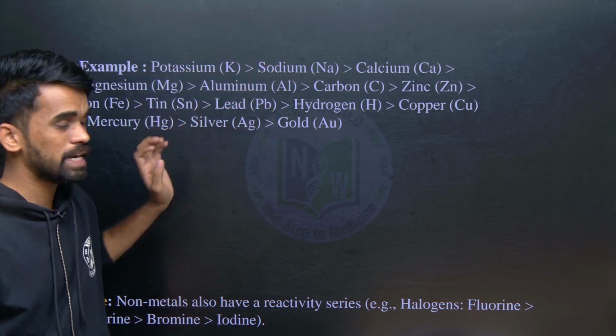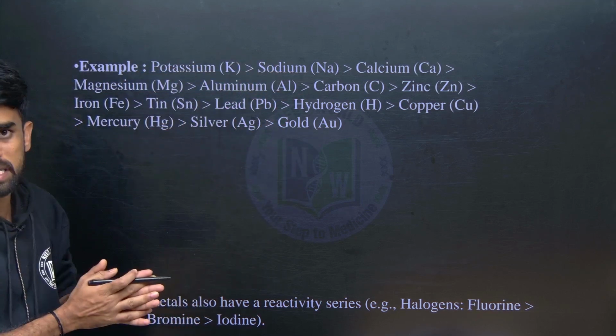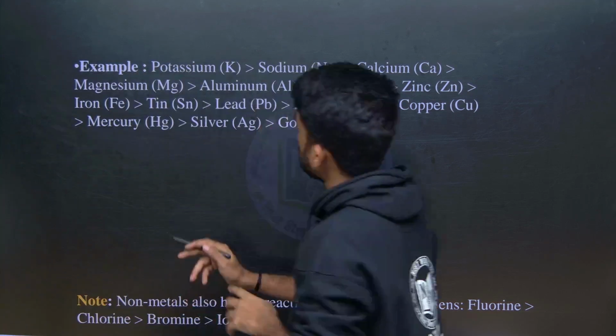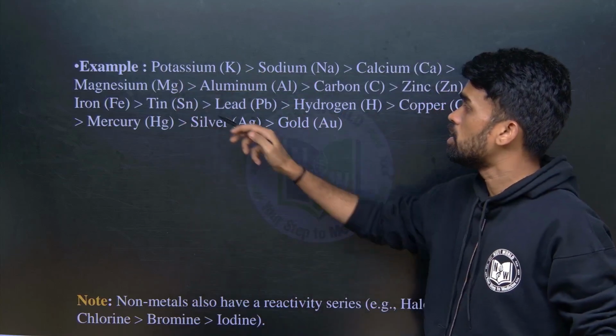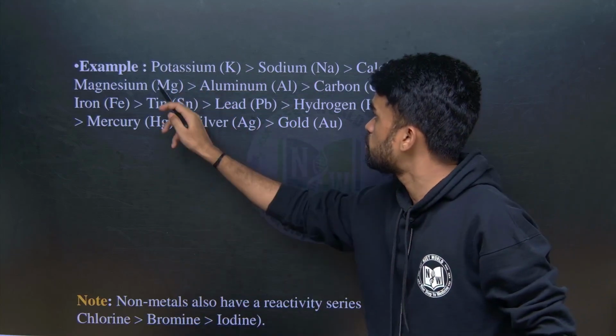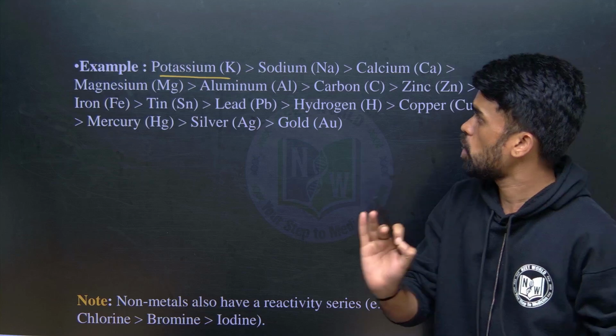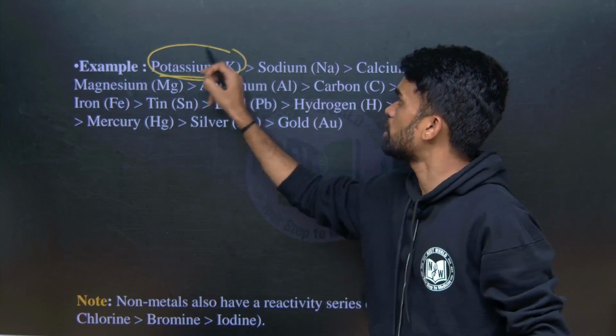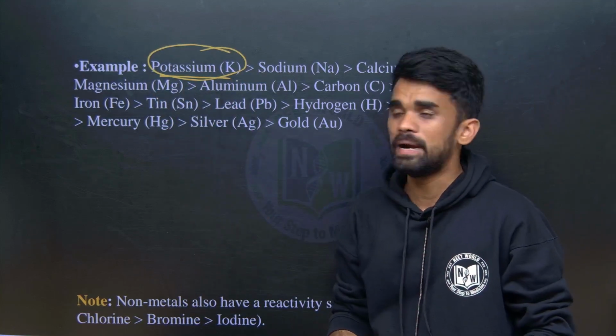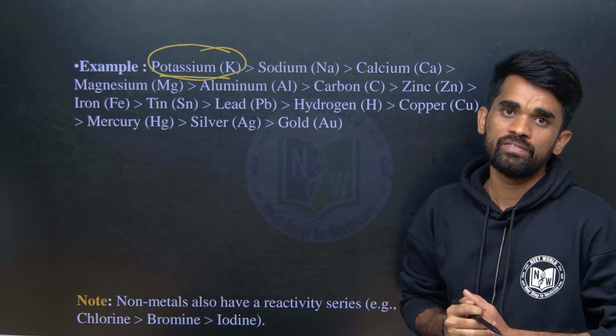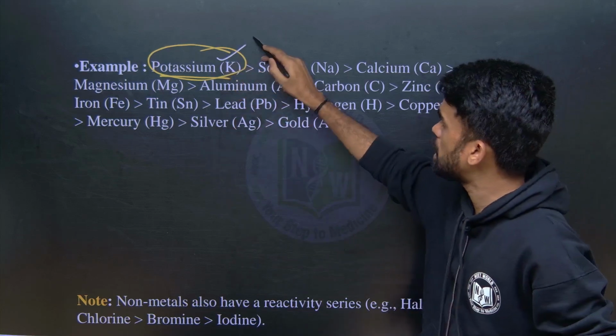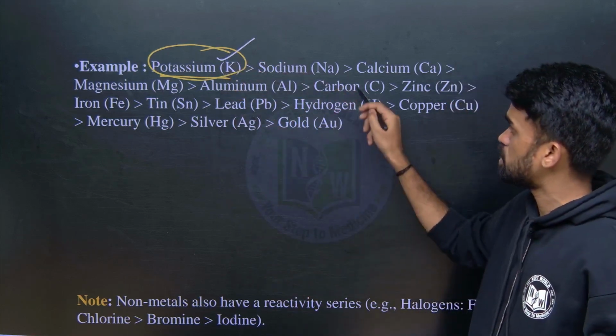These are the metals and some other elements also present here. Now see which is at the top of this order. Potassium is at the top, therefore I can say potassium will be the most reactive or most powerful metal out of this given series, right? So it can displace the other metals from their respective solutions.